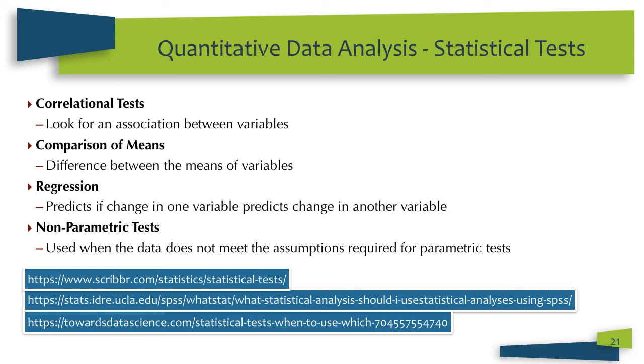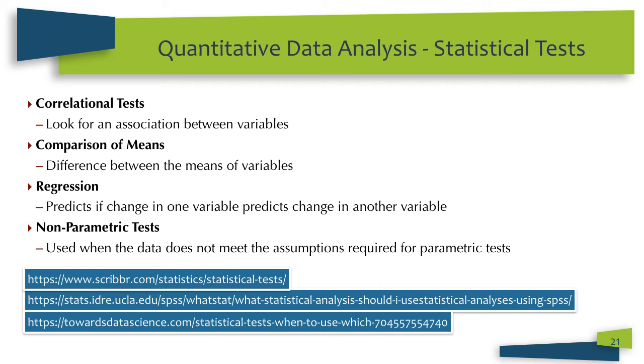Then there's regression, which is basically predicting if change in one variable is related to change in another variable. All these tests, correlational tests, comparison of means and regression, are used on parametric data. For non-parametric data, there are non-parametric tests.